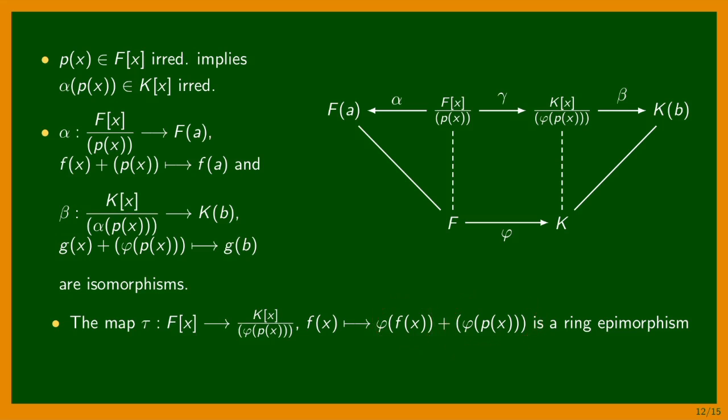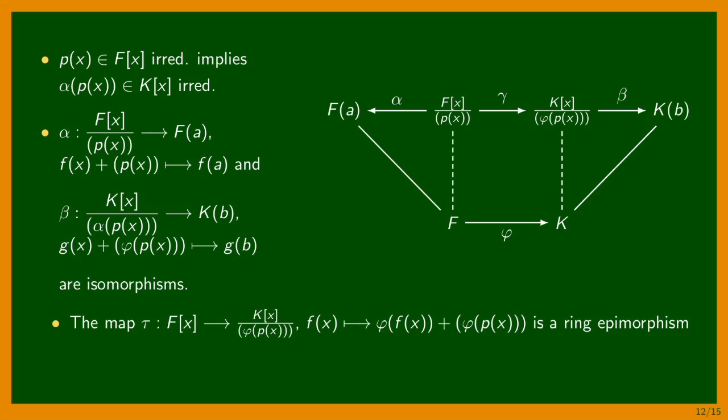Medyo complicated yung definition niya, pero makikita nyo using computations na ito ay ring epimorphism. When I say epimorphism, it's an onto or surjective. Sabihin yung image mo ay yung buong quotient ring na yan. Field siya actually, no?